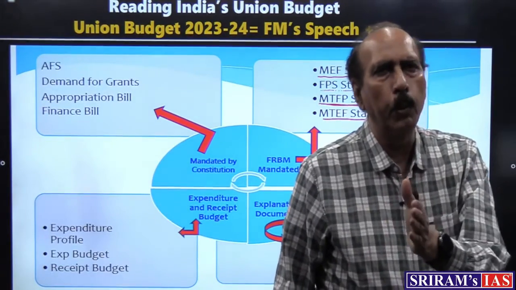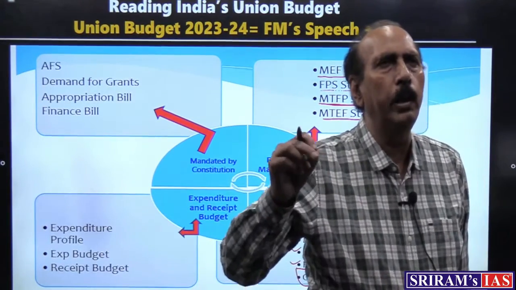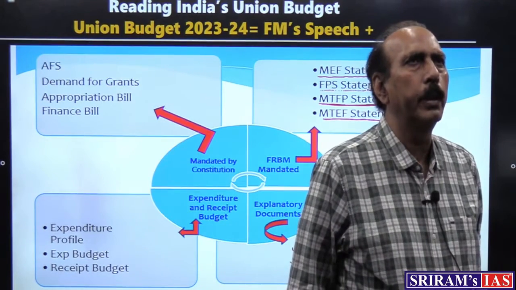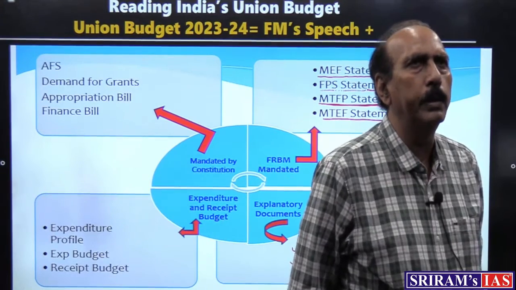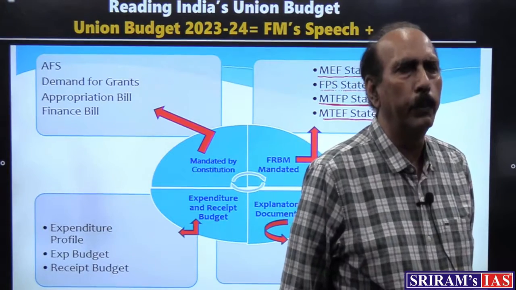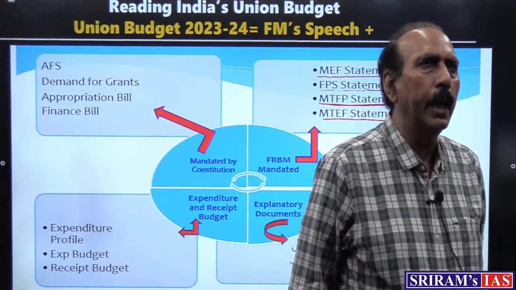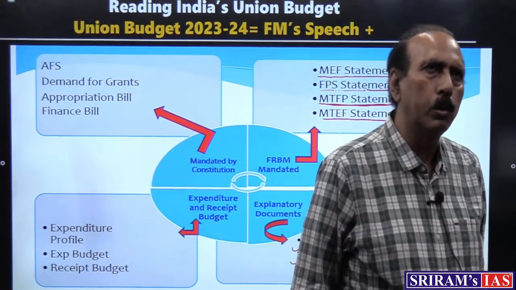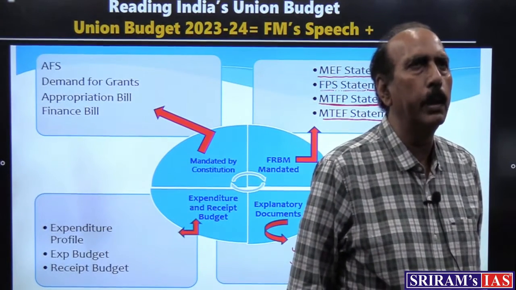The outcome is, suppose, so many million man-days to be created, or assets of so much value to be generated. The target may be set by the government in any form, and this target is known to the members of parliament before execution starts on MGNREGA. Therefore, at the end of the year, the government will see whether the outcome indicated in the outcome budget is actually attained or not.